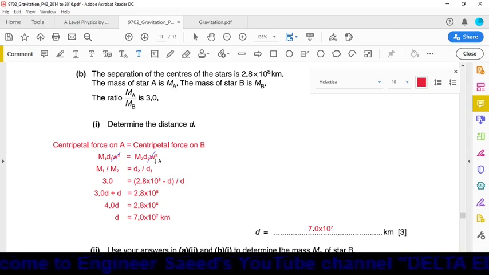It will be cancelled out and we will get m1 d1 is equal to m2 d2, and by rearranging we will get m1 over m2 is equal to d2 over d1. You can write here mA and mB, so it will be dB upon dA. This mA over mB or m1 over m2 is equal to 3. Now d2 over d1.